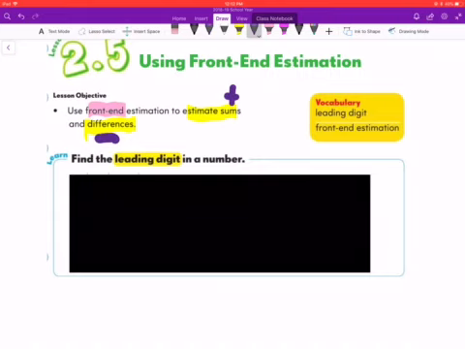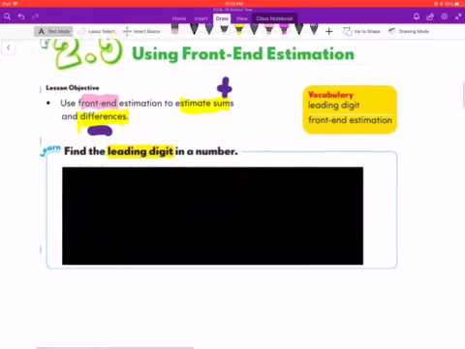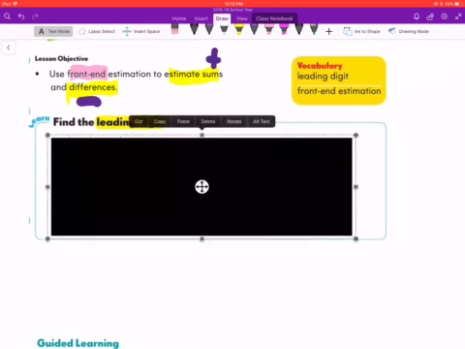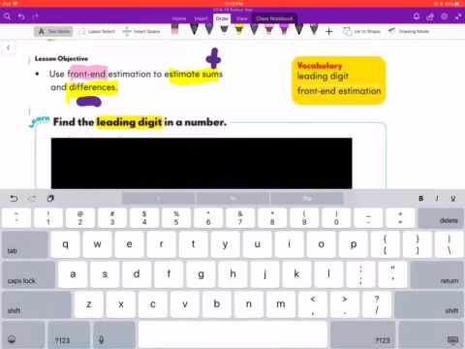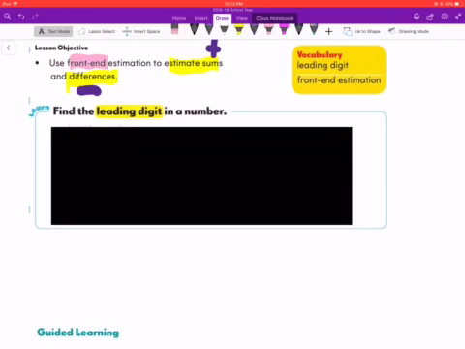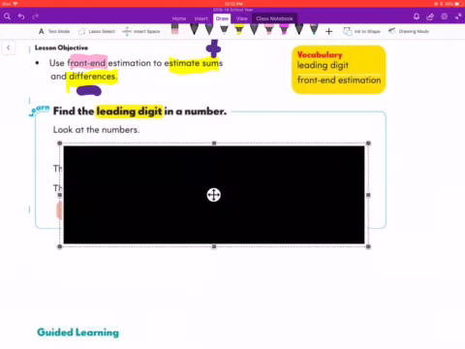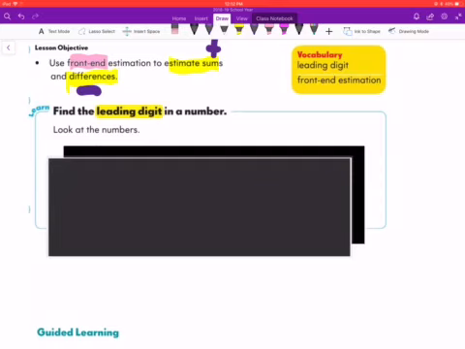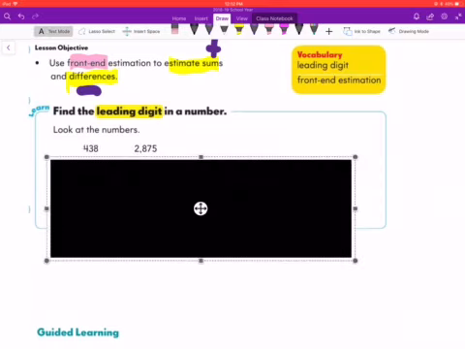All right, so now we're diving into our unit. The first thing you're going to need to know about is leading number, or leading digit. With leading digits, the first thing I'm looking at is the numbers of a problem. And this one here is 438, and 2,875. Both of these numbers have leading digits.